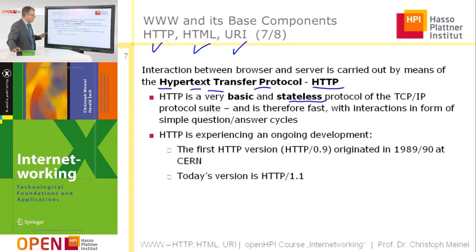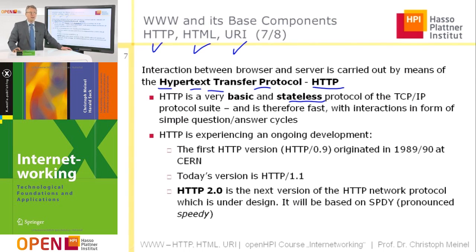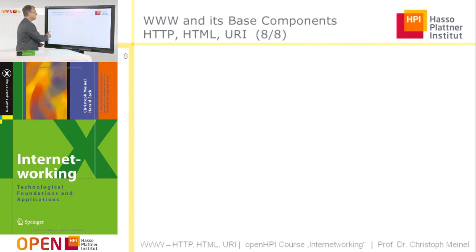Then today's version of HTTP is version 1.1, and the Internet Engineering Task Force is working on the next protocol, HTTP 2.0. That's the next version of the HTTP network protocol, which is actually under design. And this uses some new techniques, for example the SPDY technique.